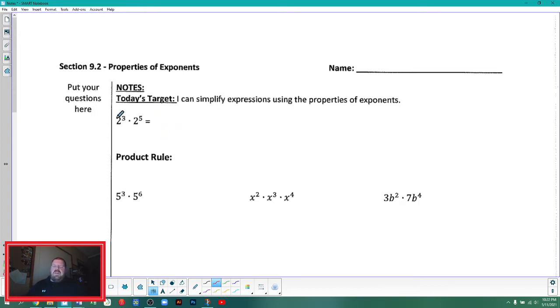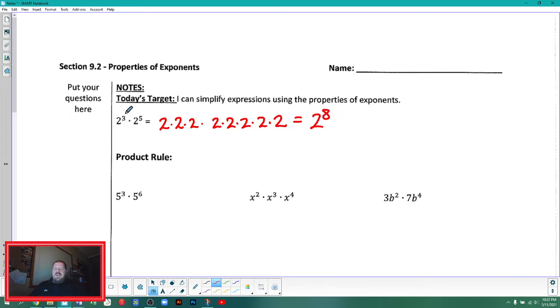If you remember from yesterday, we did a problem like this, and we had to expand it. 2, 3, 4, and 5. And then we got to condense it back down. Since they were all 2's, I can combine them all and say it's 2 to the 8th power.